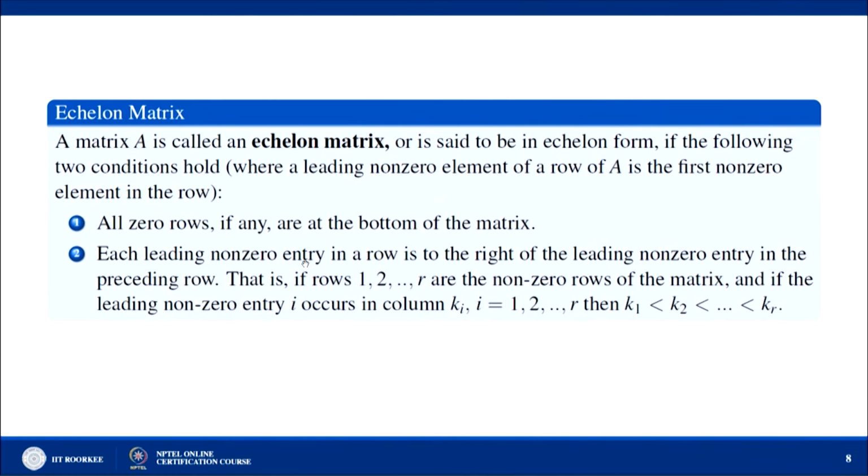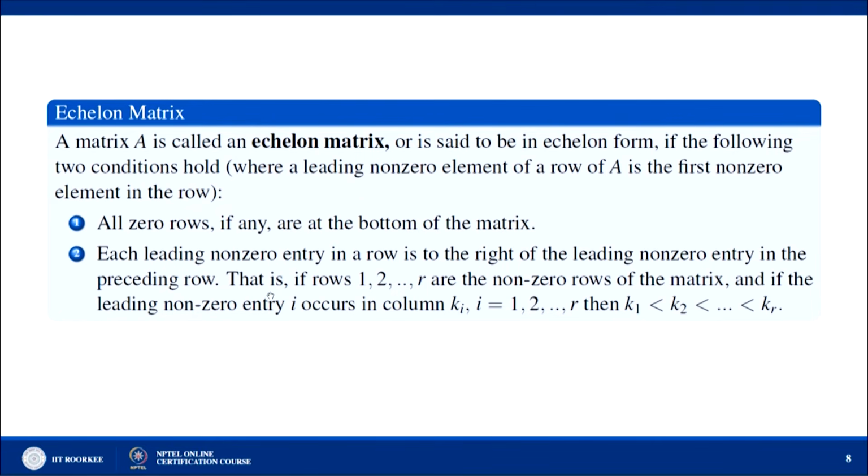Number 2, each leading non-zero entry in a row, leading non-zero entry meaning the first non-zero entry in a row, is to the right of the leading non-zero entry in the preceding row. If you have the second row, the first non-zero entry in the second row must be on the right side of the first non-zero entry in the first row.